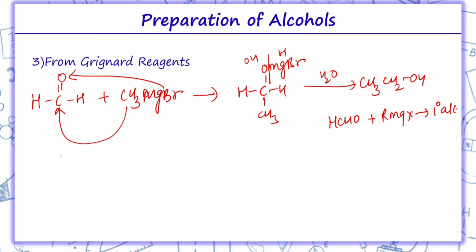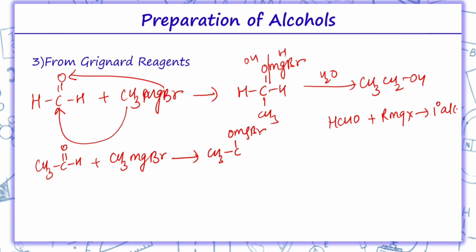So we can say when HCHO is taken with RMgX, it forms primary alcohol. Similarly, if we take over here CH3CHO, that is any aldehyde except formaldehyde, acetaldehyde or propanal or butanal, when they react with Grignard reagent CH3MgBr, here they will form secondary alcohol.